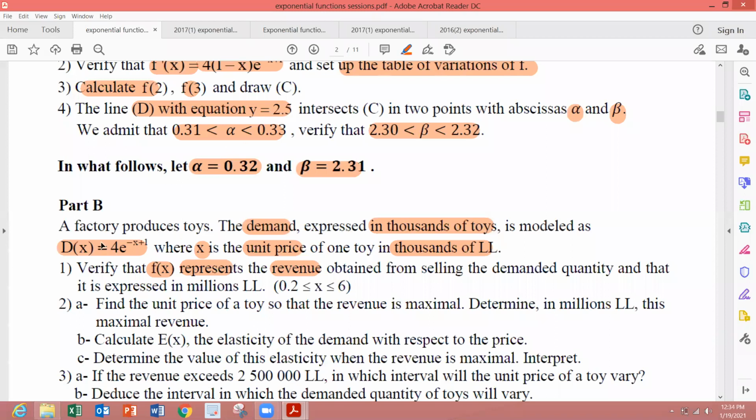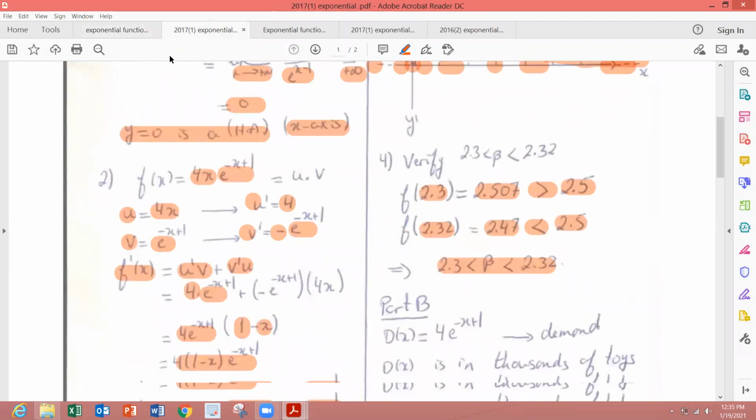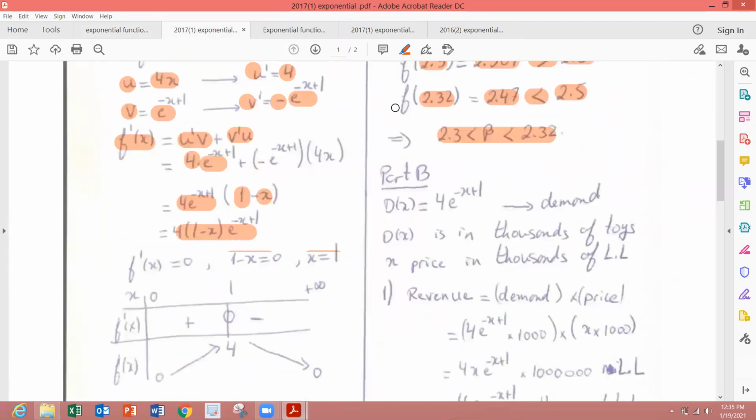If you read here, where d(x) is the demand, where x is the unit price in thousands of Lebanese lira. So what's the price? 1000x. So revenue equals demand times the price.